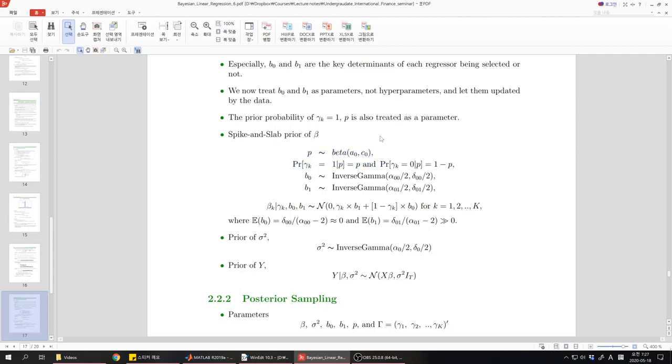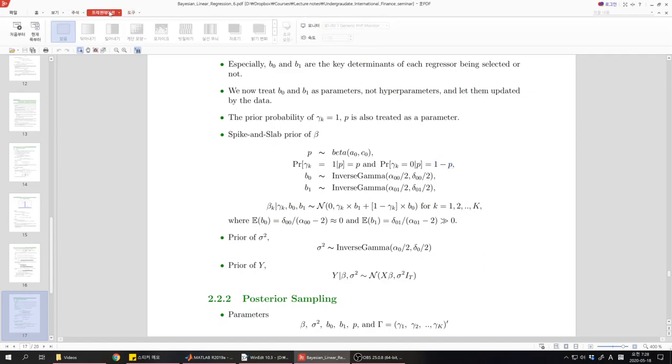The prior distribution of P is beta, and given P, the gamma K's are determined. Gamma K's are 1 with probability P and 0 with probability 1 minus P.